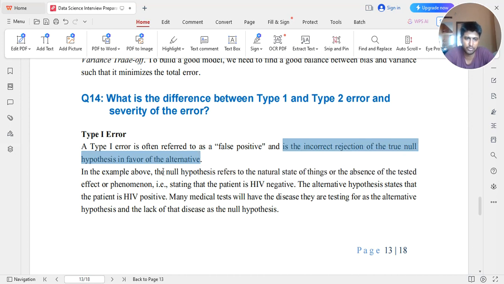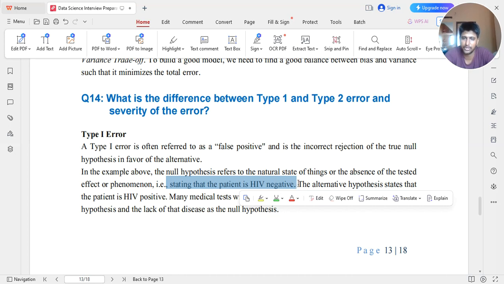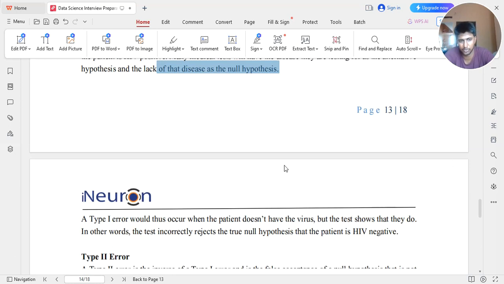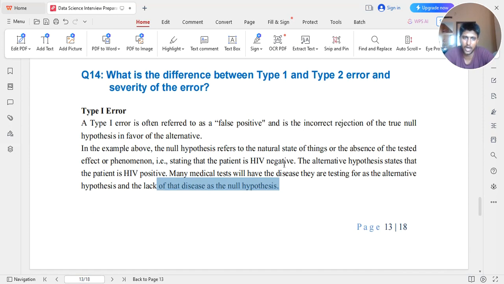In the example above, the null hypothesis refers to the natural state of things, like stating that the patient's HIV is negative. Okay. The alternative hypothesis states that the patient's HIV is positive. So many medical tests will have the disease they are testing for as the alternative hypothesis, or lack of that disease as the null hypothesis. Okay, so they don't have it, okay, false positive.